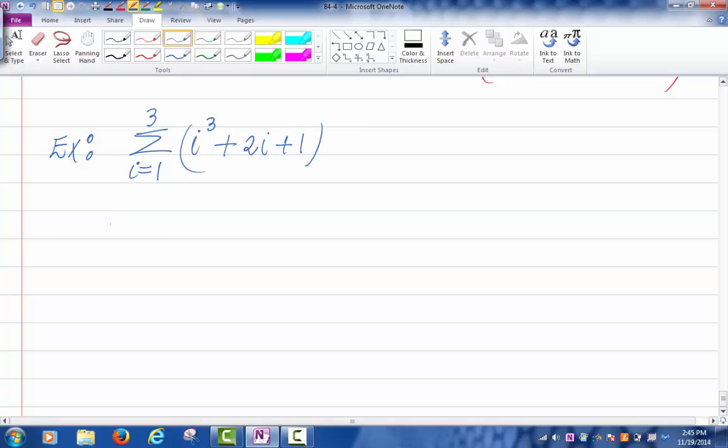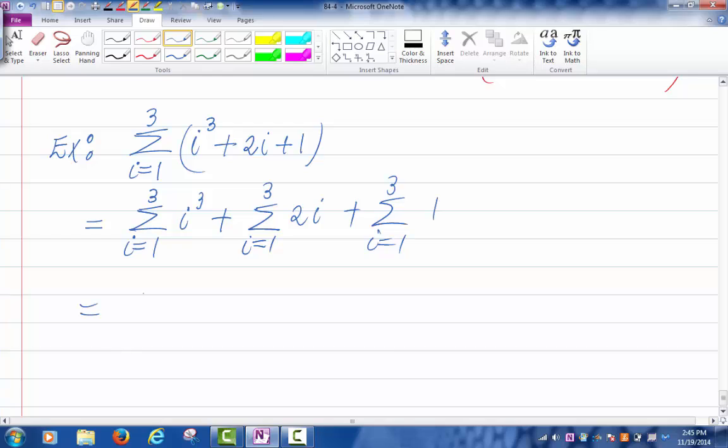And so let's see what that is. If I apply property number 2, then I can write it as the sum of i cubed plus the sum of 2i plus the sum of 1.